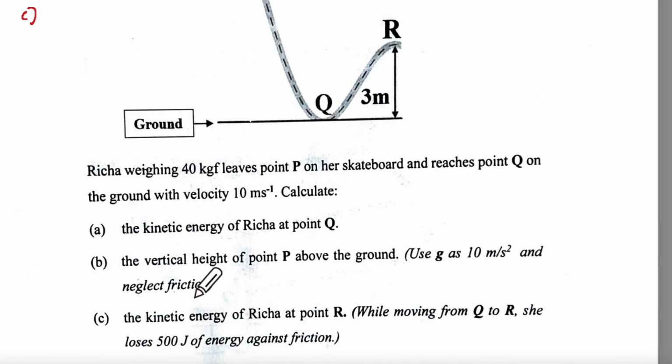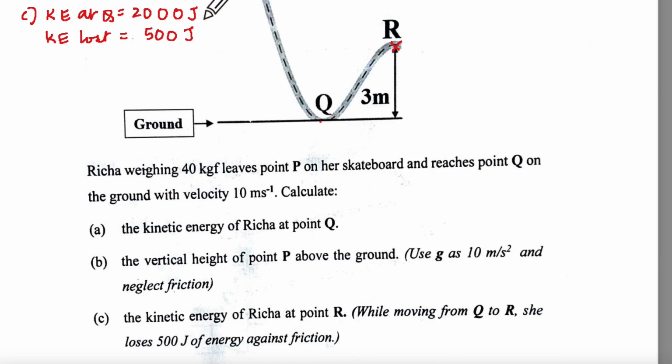Part C, kinetic energy of Richa at point R. Now we do not know whether it was the maximum height attained over here, but at this point. So we know that kinetic energy at Q we calculated as 2000 joules, and the kinetic energy lost is 500 joules.